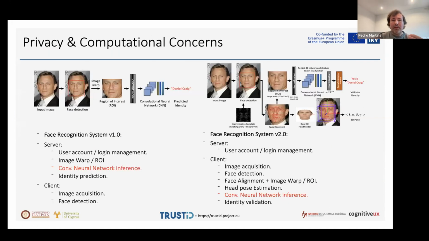Okay, comparing these two systems from the privacy and the computational performance point of view. By the way, privacy in here is related to the computational performance because of the amount of work that needed to be done either on the server or on a client.